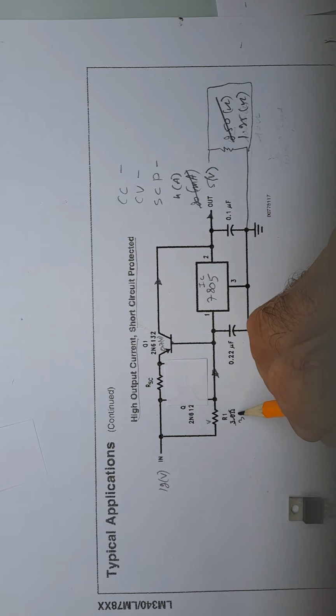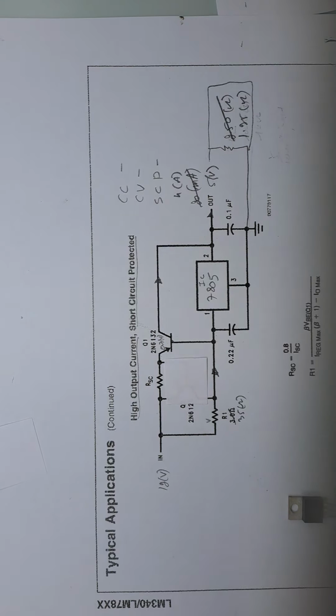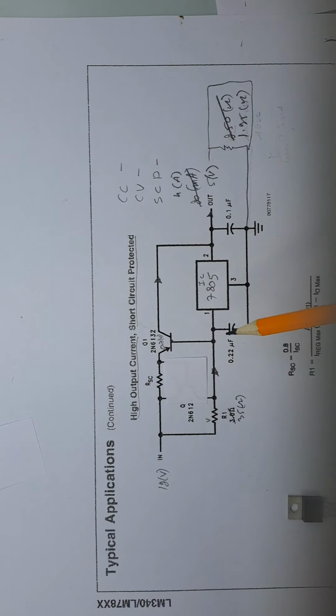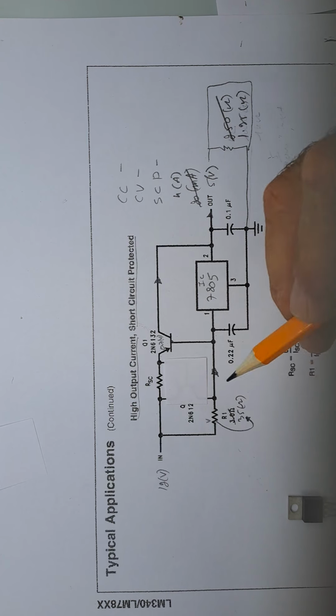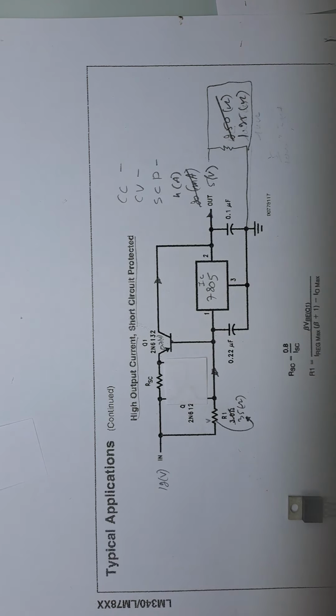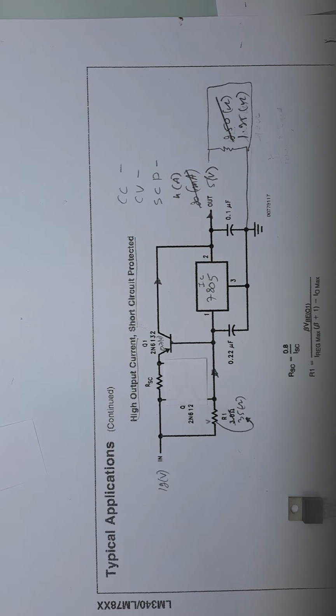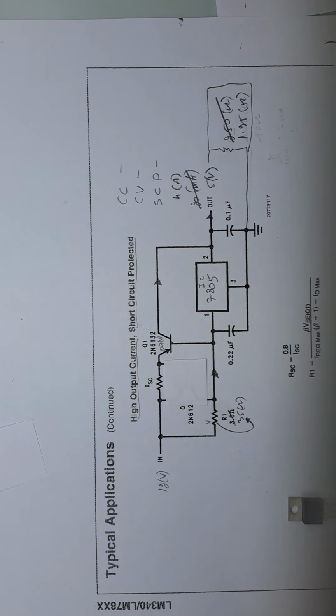We do 35 ohm. Because we want the current over 20 milliamps to go to this transistor, so this resistor value should be 35 ohm. Let's see again. 0.7 divided by 20 milliamps, 35 ohm.